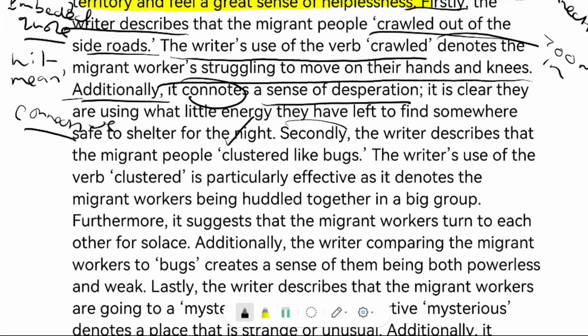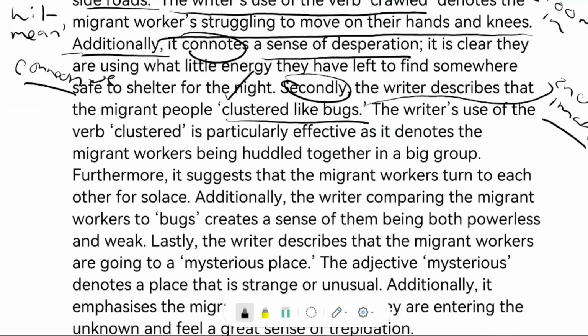And then I use my second connective. Secondly, the writer describes that the migrant people "clustered like bugs". So this is my second image. Hopefully you can see that it is a simile.